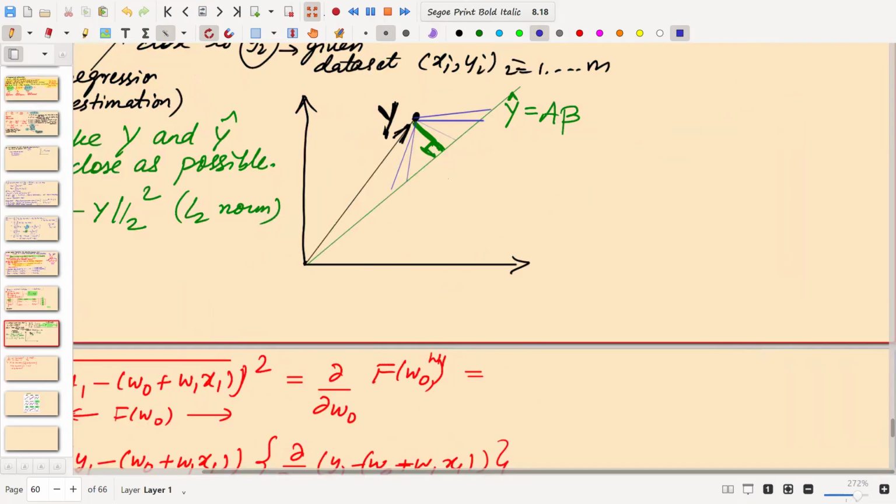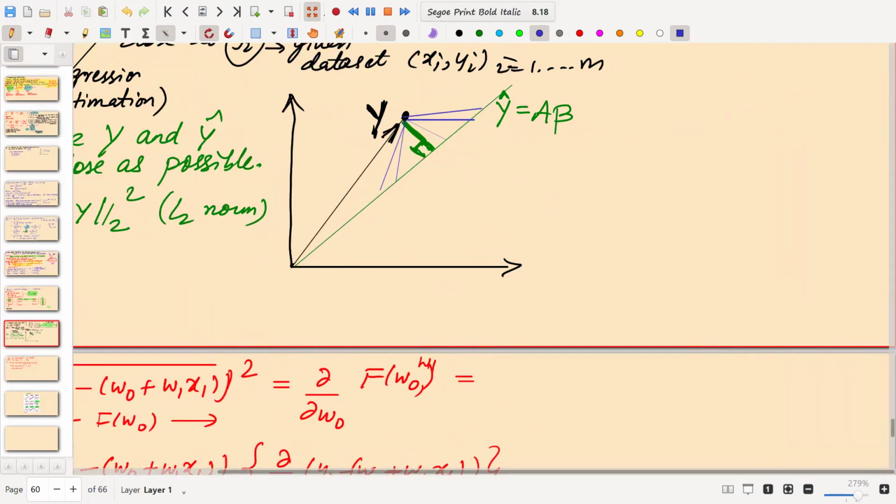The black vector is y, the green vector is y cap. Can you apply the vector law of addition? Resultant vector? Do you remember it? Okay, I will tell you the trick.